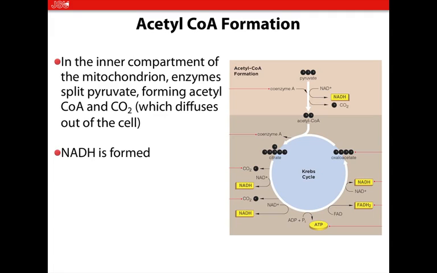And then also, look what's coming off at multiple steps here. CO2. As we process these compounds, we're removing carbon as well as oxygen. And as we take those off, what happens? Well, we release carbon dioxide as a result.